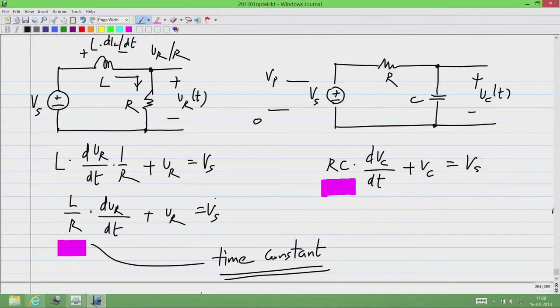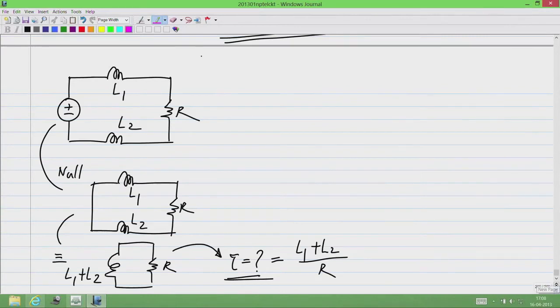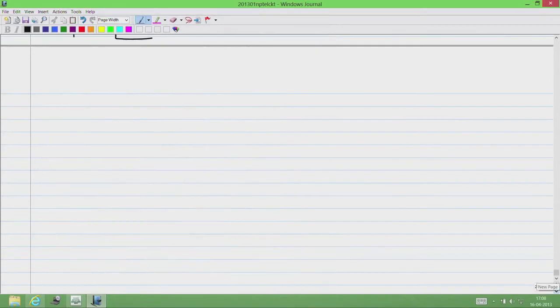And because the differential equation looks the same for RC and RL circuits, the solution also looks the same. Let me rewrite it here.